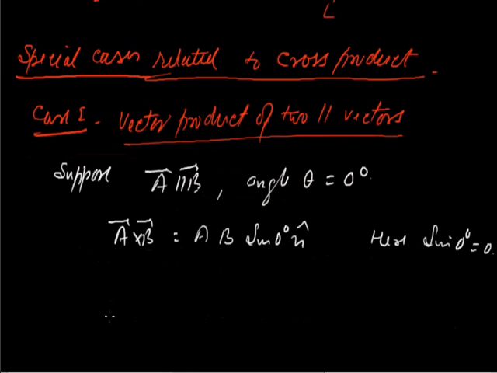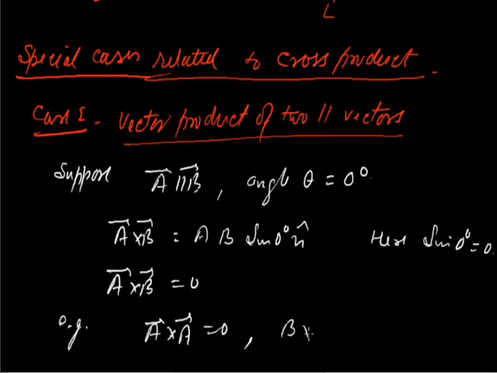So A cross B will be 0. For example, A cross A is 0, and B cross B is also 0.